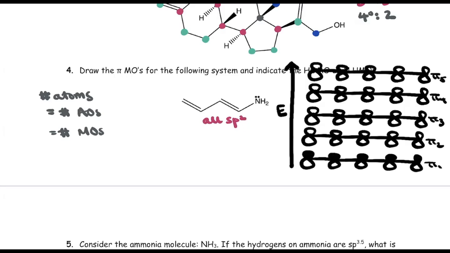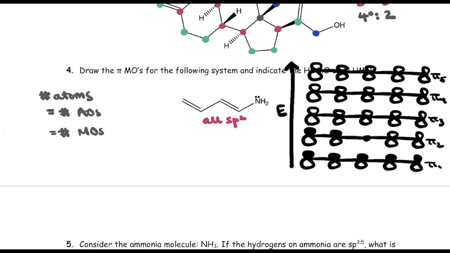Then pi 2. Now we're going to get into something a bit interesting, because we want to model a nice simple symmetrical wave function. But the only way I can get it being symmetrical is if I cancel out one of my atomic orbitals here. So I'm going to have to do just that.